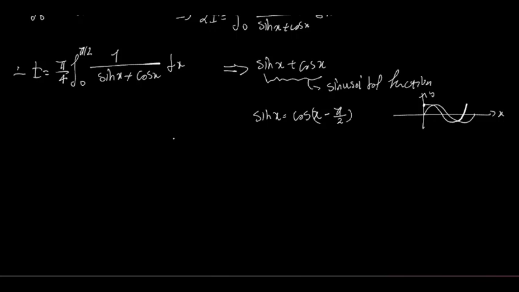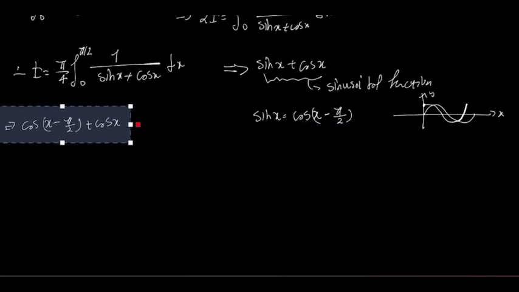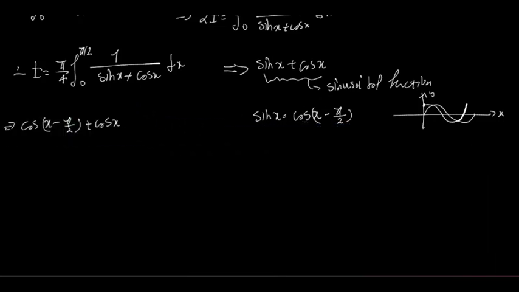So if we subtract pi over 2 from the argument of cosine of x, we reach the sine of x. So now we can substitute sine of x as cosine of x minus pi over 2, plus cosine of x. Now I need to simplify cosine of x minus pi over 2 plus cosine of x.